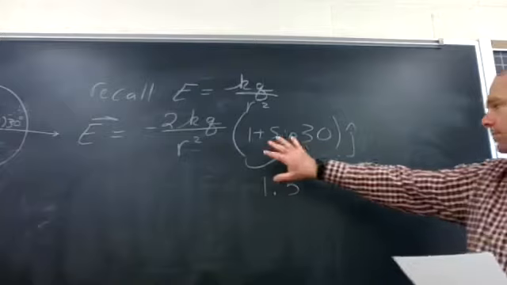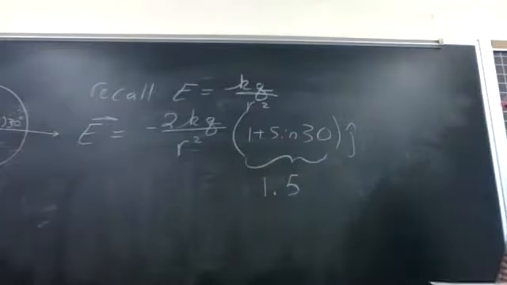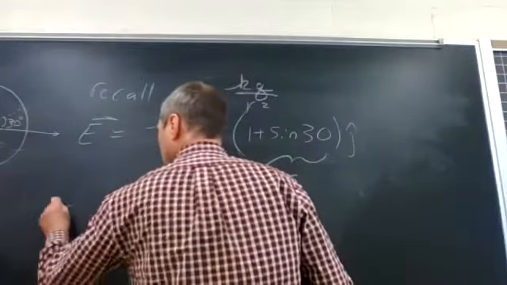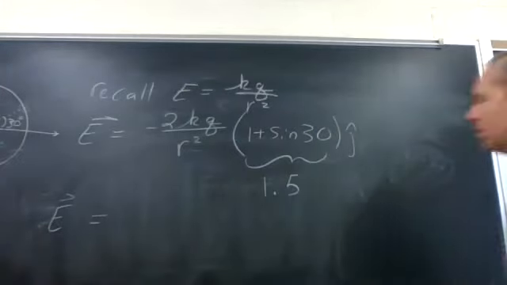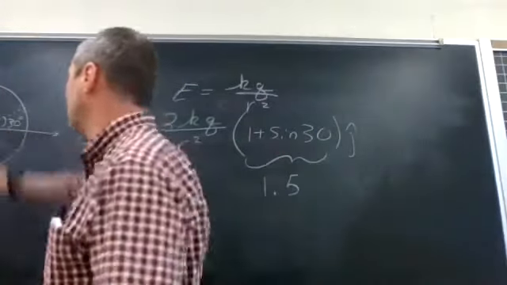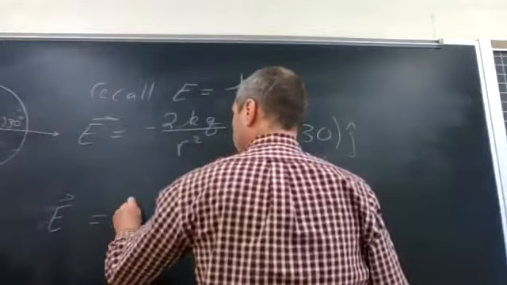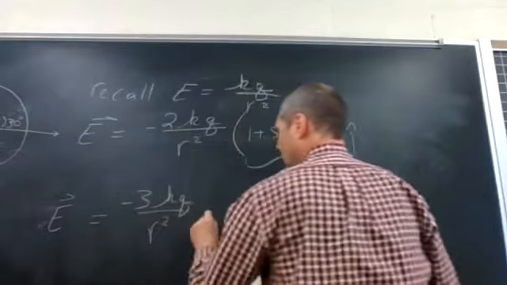If you take the sine of 30, which is 0.5, and add 1, you get 1.5. Therefore, the magnitude and direction of this electric field for this problem is minus 3KQ on R squared.